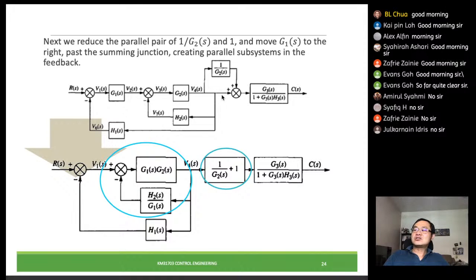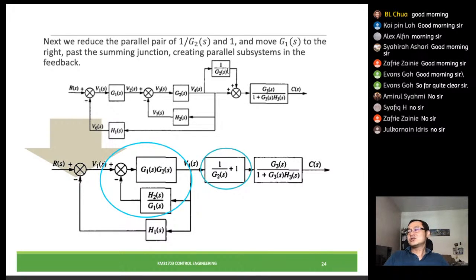So these two are parallel. This point and this point are the same point, going out and then reaching the same summing junction, so they are parallel. This part has a transfer function of 1. So eventually you can add them up together, 1 over G2 plus 1.